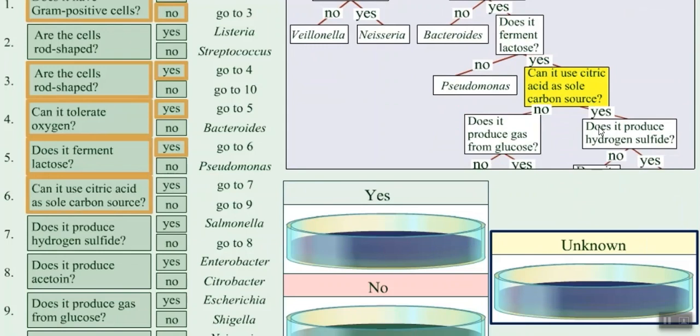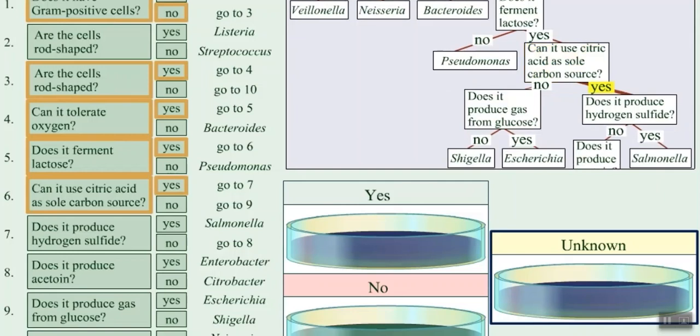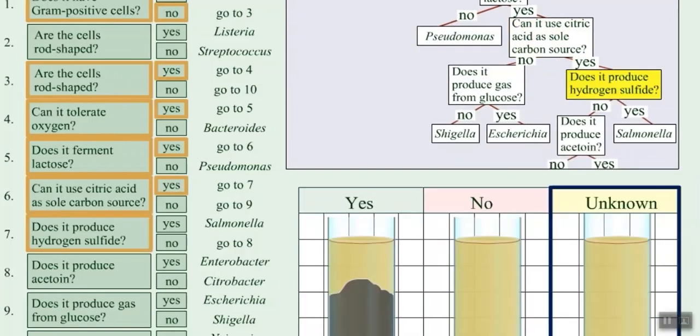Part C: how would the results be different if this organism was Salmonella? Once again, we're going to work backwards on our key. Salmonella produces hydrogen sulfide. So what our unknown did, let's move it on. So this is our unknown. This is what a negative result looks like.